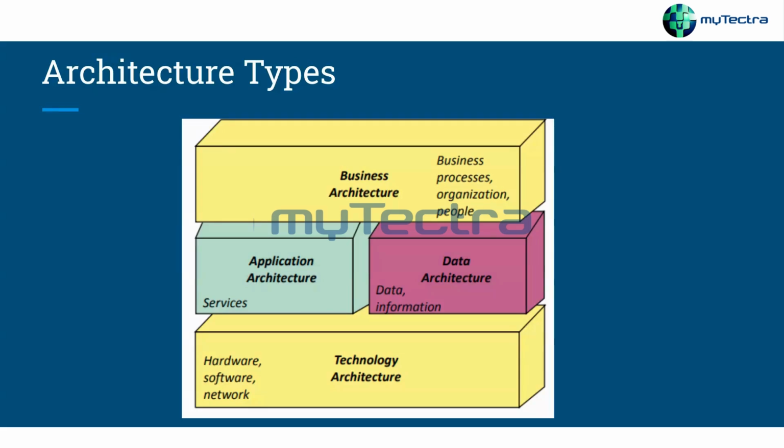Okay. Application architecture is nothing but the blueprint for the individual applications to be deployed. So, for example, the core business process of the organization, right? All those services, the application architecture will talk about.